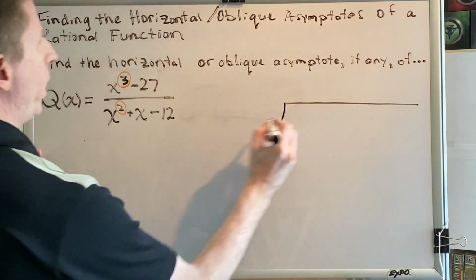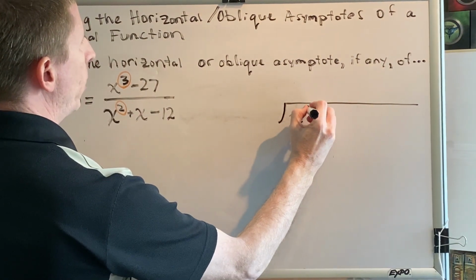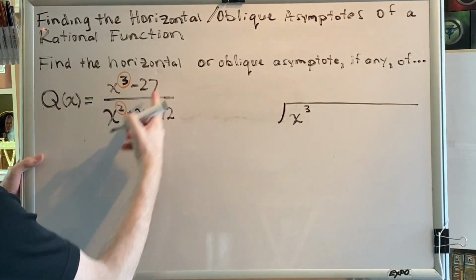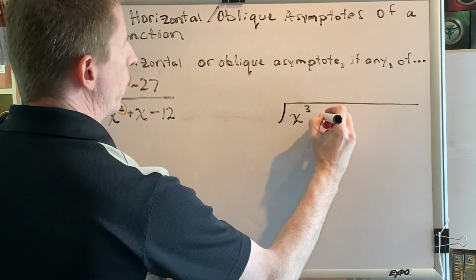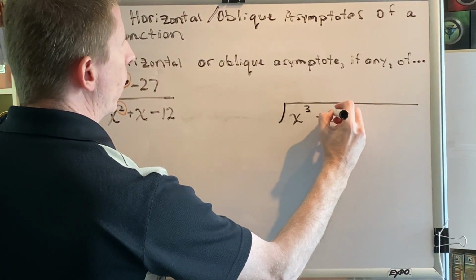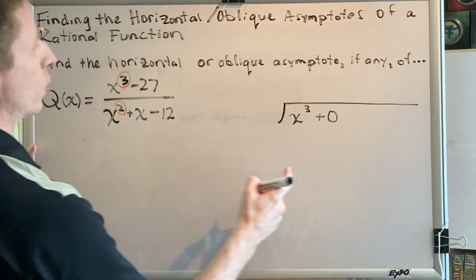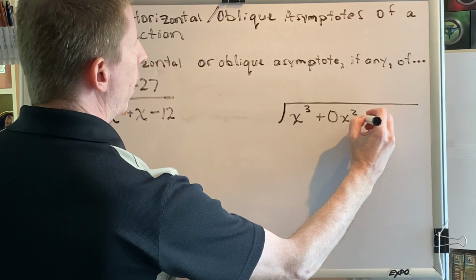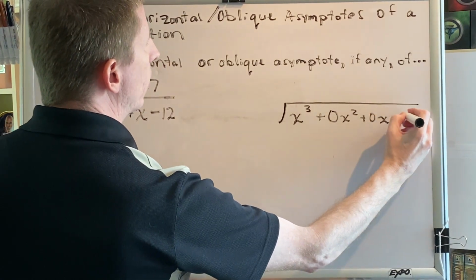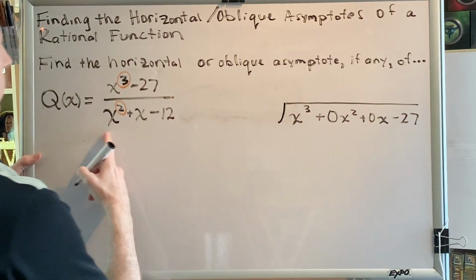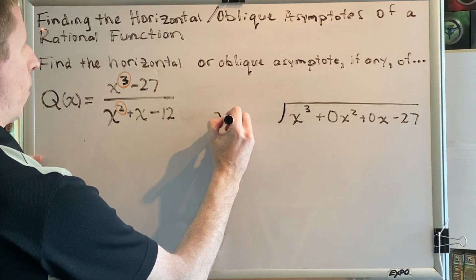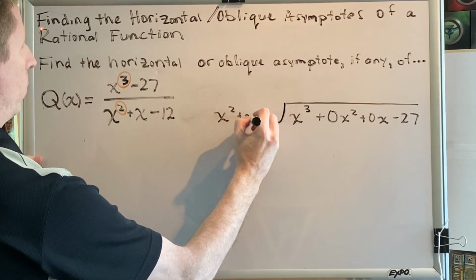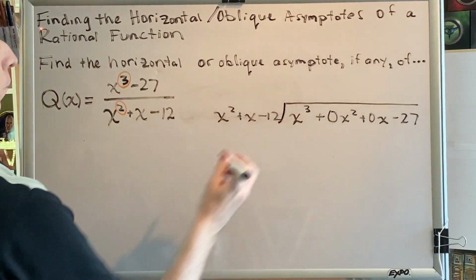For example, we have an x cubed, but we don't have any x squared or x terms, so we need to leave space for those. We give them a coefficient of 0. So we're going to write x cubed minus 27 as x cubed plus 0x squared plus 0x minus 27. Our denominator will go outside the division bar, x squared plus x minus 12.